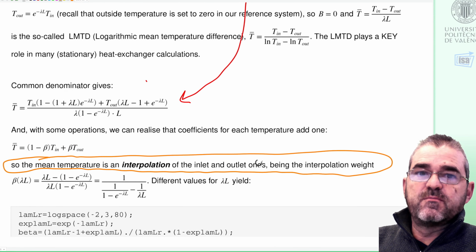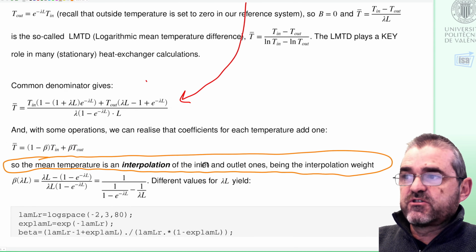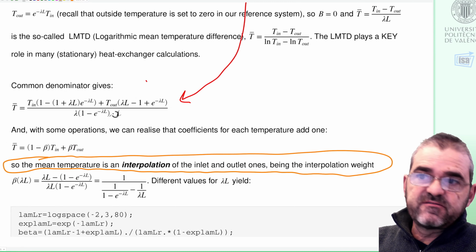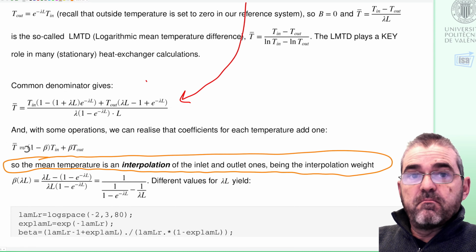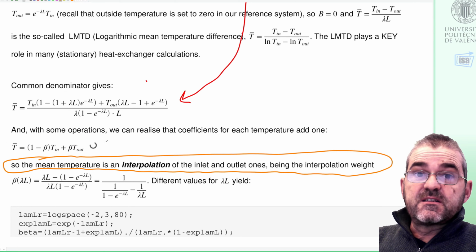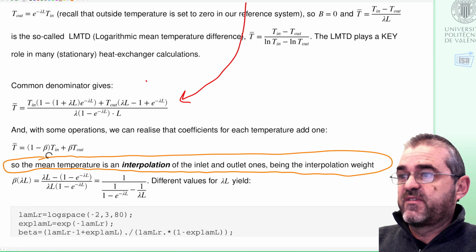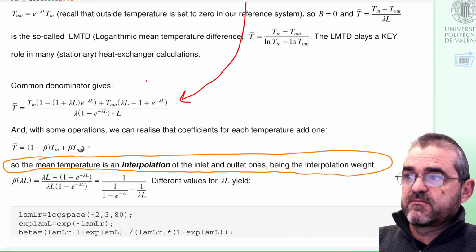So this is an important conceptual conclusion of this horrible stuff: the mean temperature is an interpolation of the inlet and outlet temperatures.